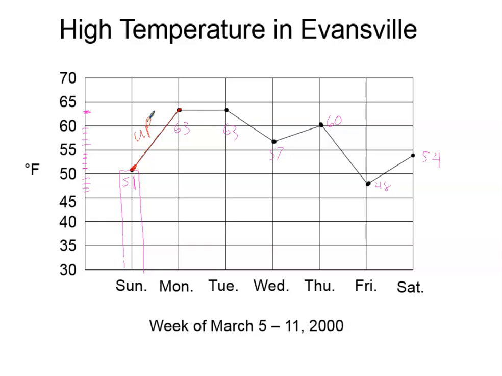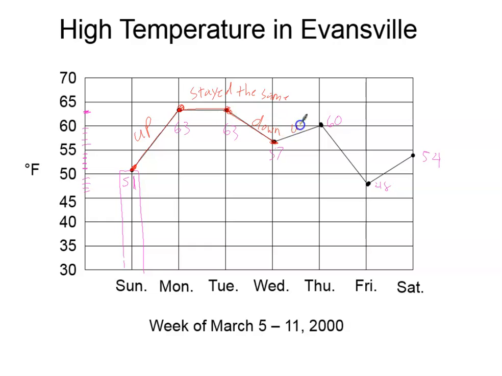If I was on Monday and I'm going to Tuesday, it stayed the same. And then from Tuesday to Wednesday, it's going down. Now, sometimes with the kids, they want to say, oh, from Wednesday to Tuesday it went up. But the problem is, unless you have a time machine, you cannot go backwards.